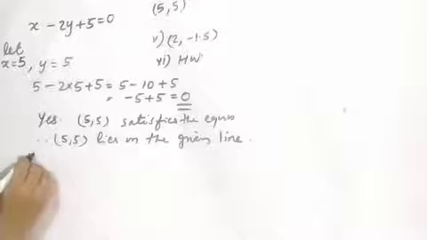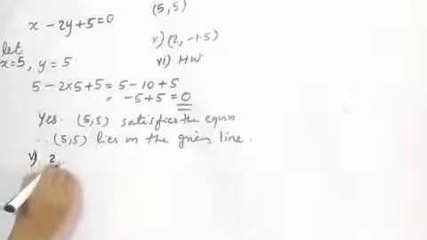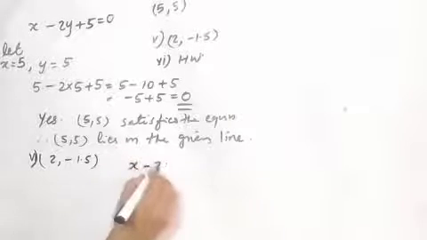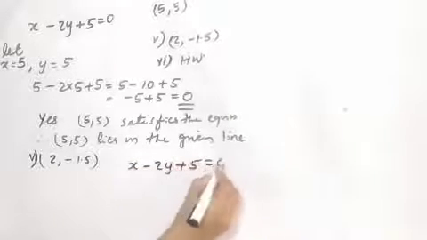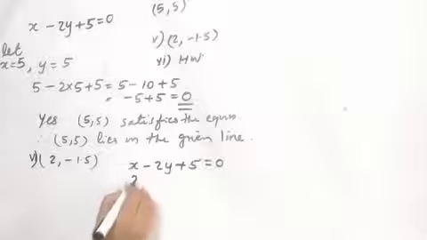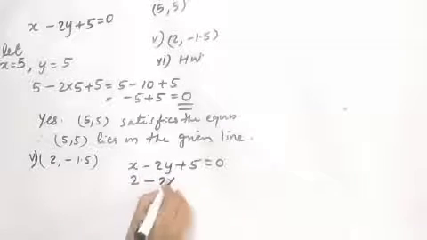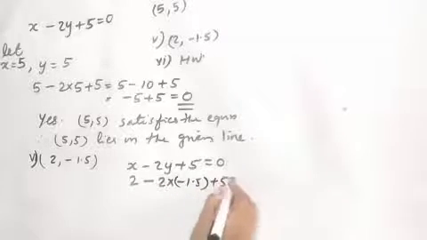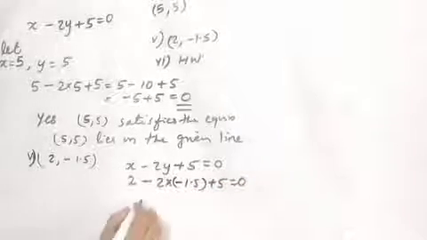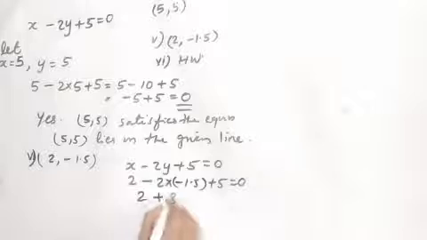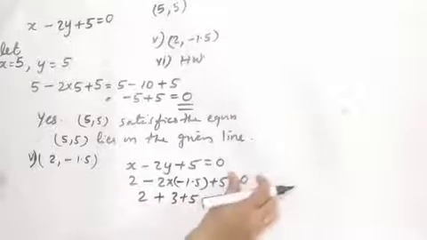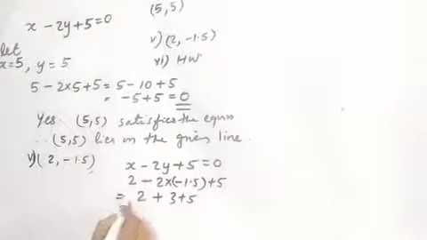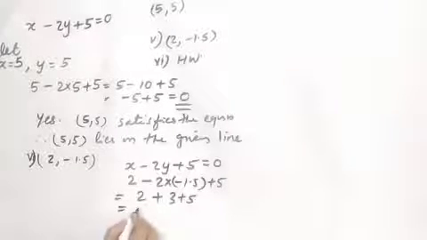Now let us do the fifth one. 2, minus 1.5. Same question itself, x minus 2y plus 5 equal to 0. Instead of x, we can replace 2, and minus 2 into y is minus 1.5, plus 5 equal to 0. That is 2 plus 3 plus 5. We have to check whether the answer is same or not. 2 plus 3 plus 5 is 10.